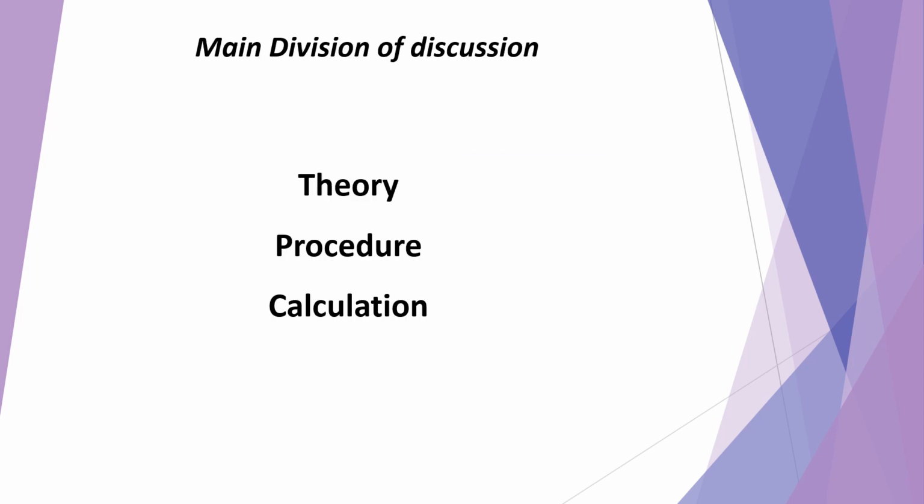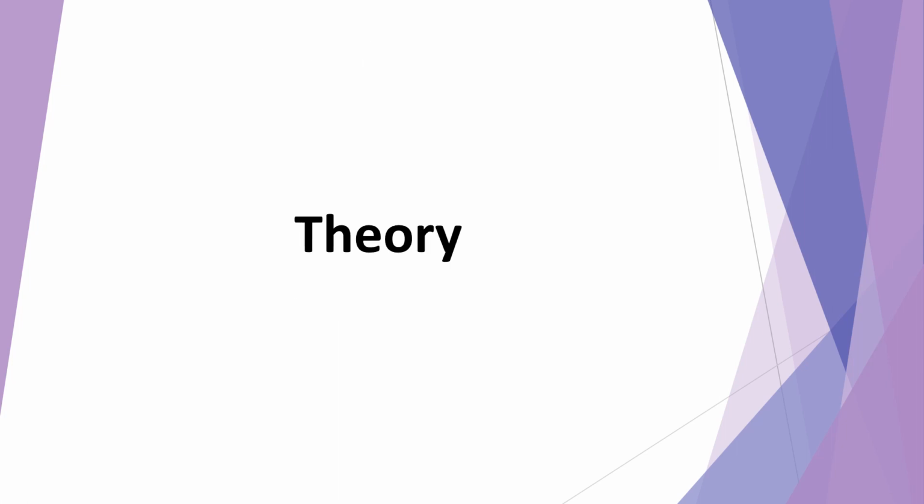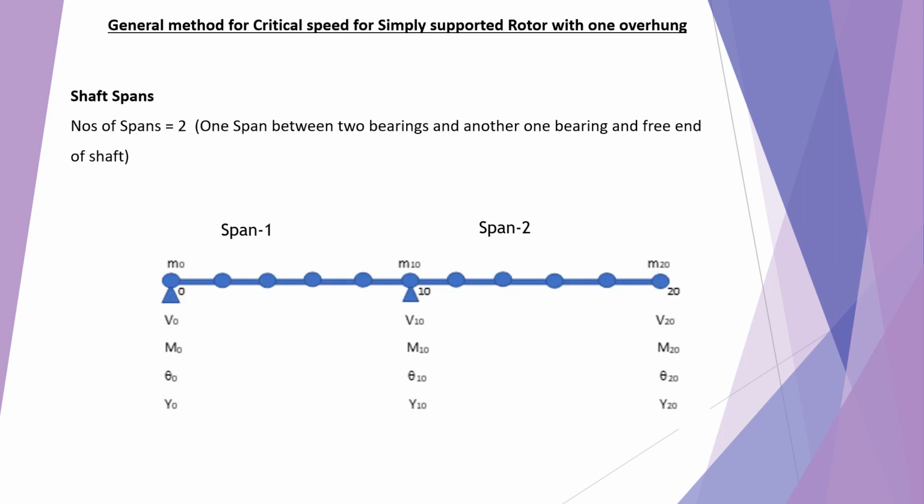The main broad discussion for this section is the theory part, the procedure part, and finally calculation through an example. So the theory part is the first section. This is the general method for critical speed. As you see, this is overhung, so it has two shaft sections, span 1 and span 2.